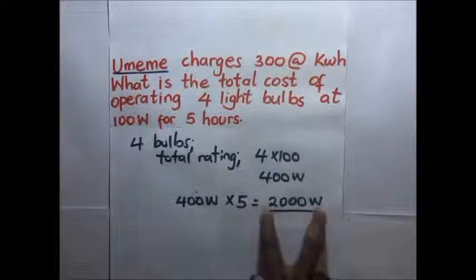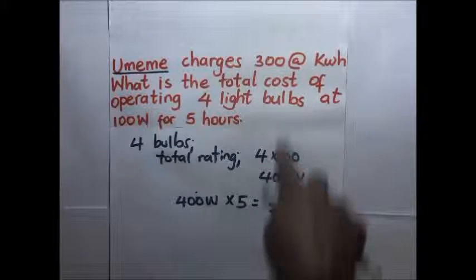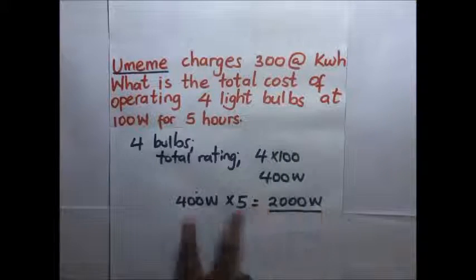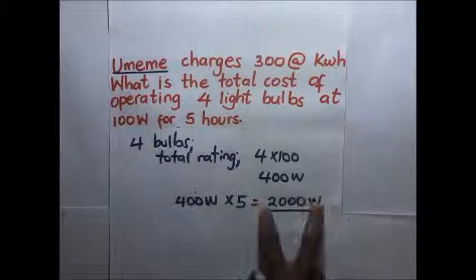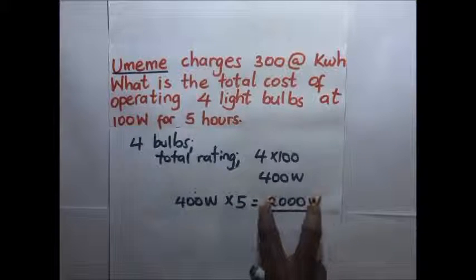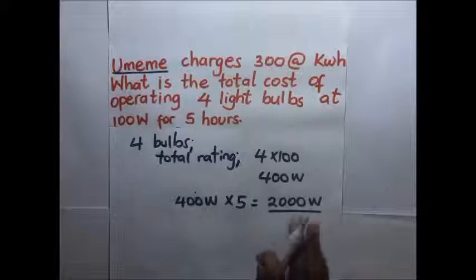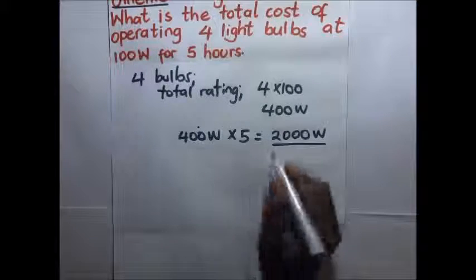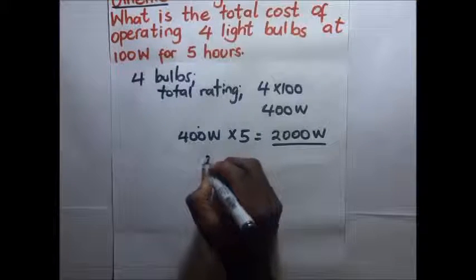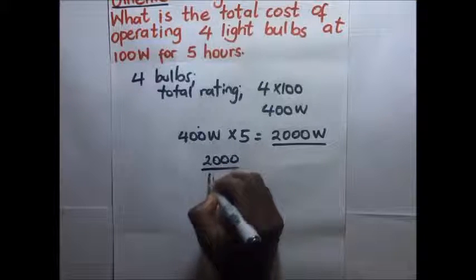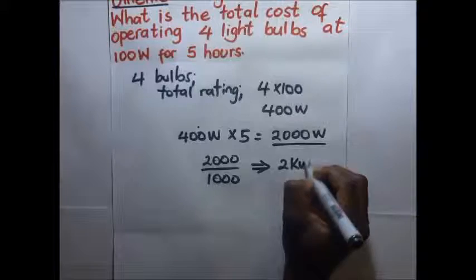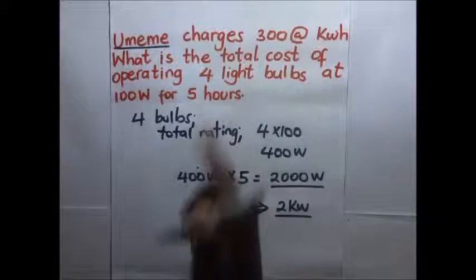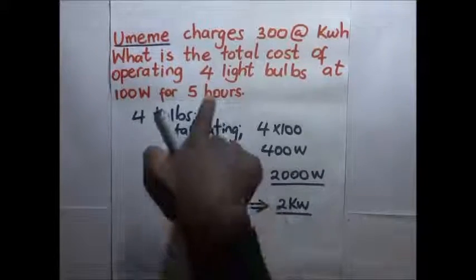So you're supposed to convert this to kilowatt hours, because this is how much is consumed in 5 hours by these 4 bulbs. Converting these watts to kilowatts, you simply divide by 1000. 2000 divided by 1000, you'll end up with 2 kilowatts. So these bulbs are going to consume 2 kilowatts in 5 hours.